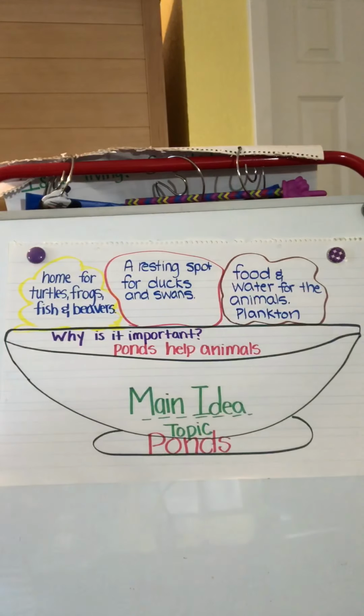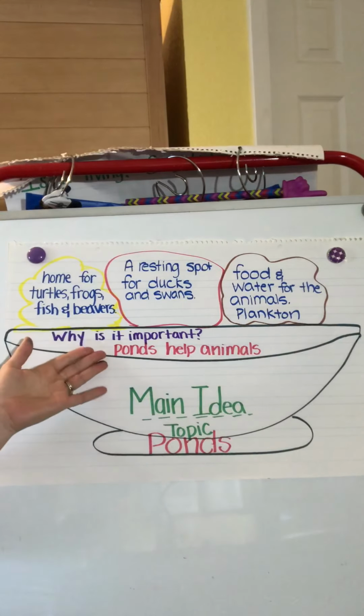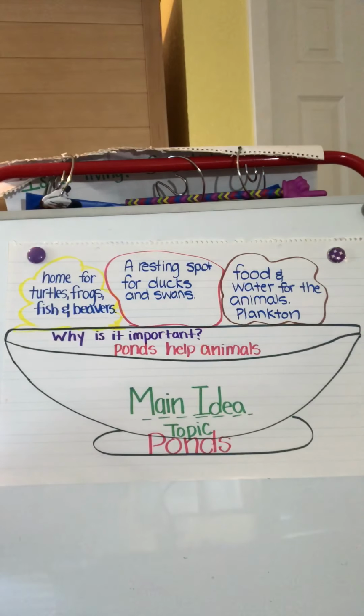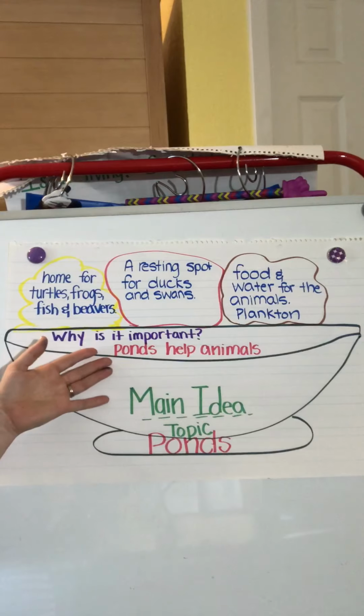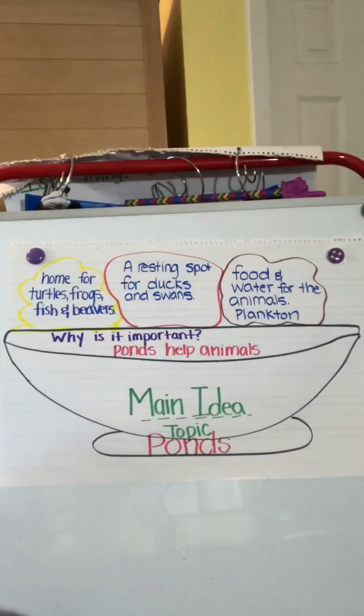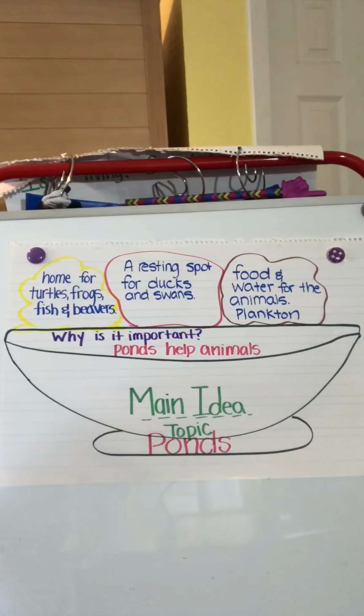Okay, so again, the more text evidence you can provide, the better. It helps with why something is important that you have stated in your writing and your thinking and your thoughts. Remember, when we share our thoughts and feelings or our thinking, we always need to back it up with examples.